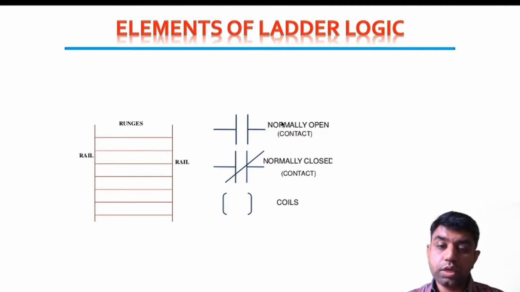On the rungs we can show these switches as input and output devices. So whatever activities you want to do can be shown diagrammatically or symbolically with the help of this ladder logic diagram, right? That's the purpose of the ladder logic diagram.